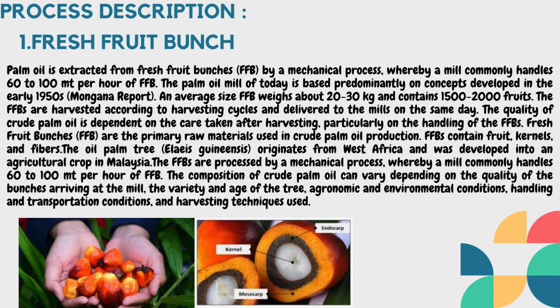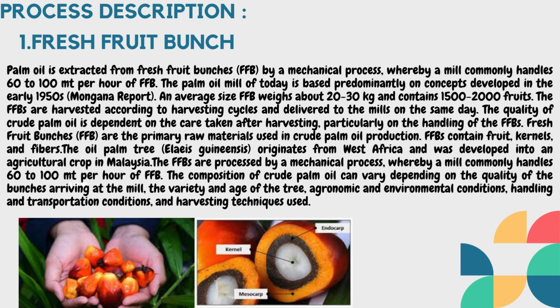The quality of crude palm oil is dependent on the care taken after harvesting, particularly on the handling of the FFBs. Fresh fruit bunches are the primary raw material used in crude palm oil production. FFBs contain fruits, kernel, and fibers. The oil palm tree originates from West Africa and was developed into an agricultural crop in Malaysia.